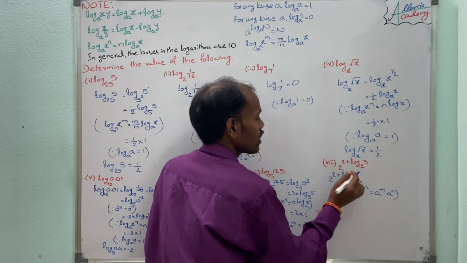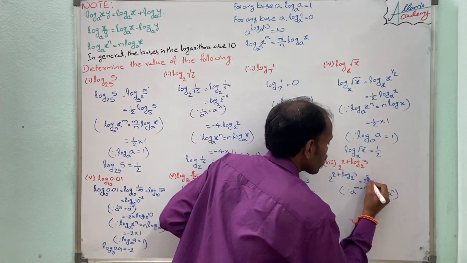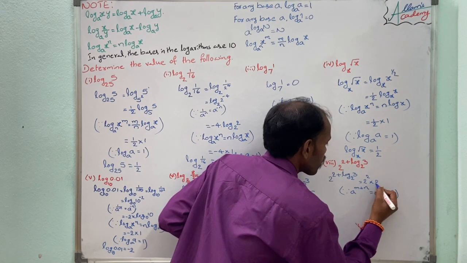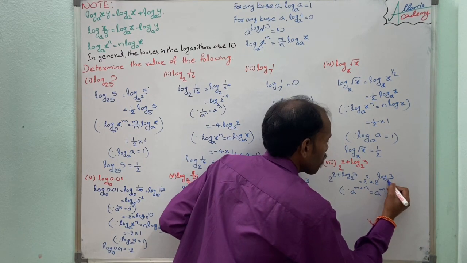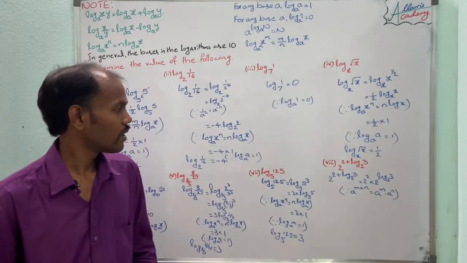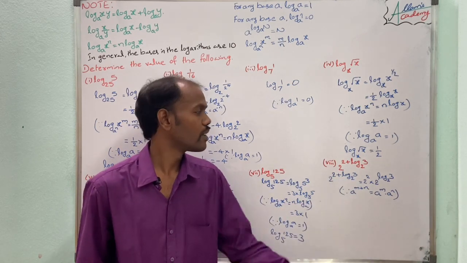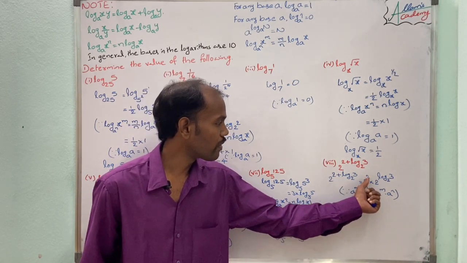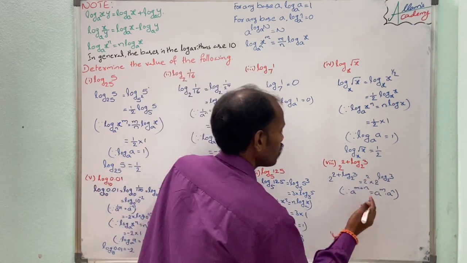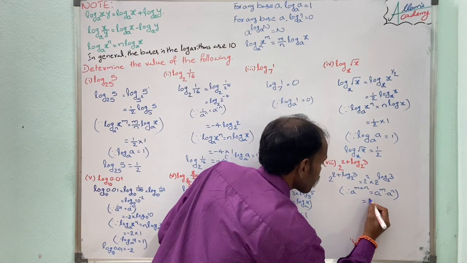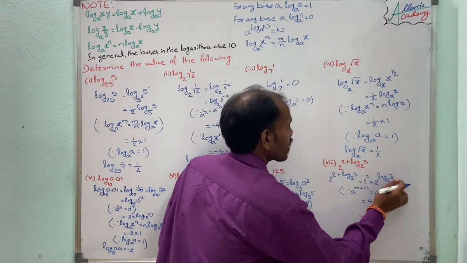So by using this formula we will write this as 2 power 2 into 2 power log 3 base 2. We know that 2 power 2 is 4, into 2 power log 3 base 2.